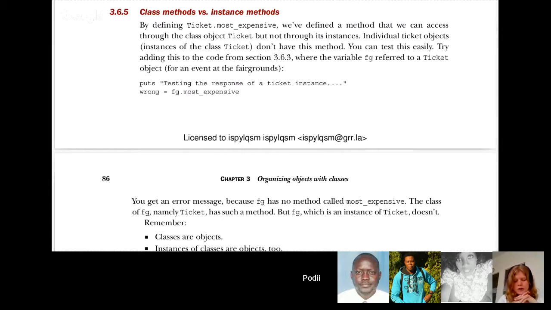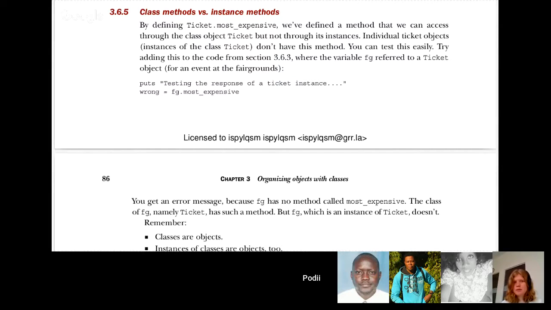So basically, I think what he's saying is that Ticket.most_expensive is a method of Ticket. Is it an instance method, right? Most expensive is a method. Yes, exactly. But it's not a class method, right?